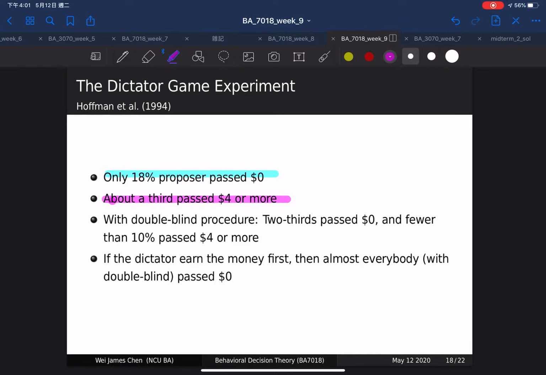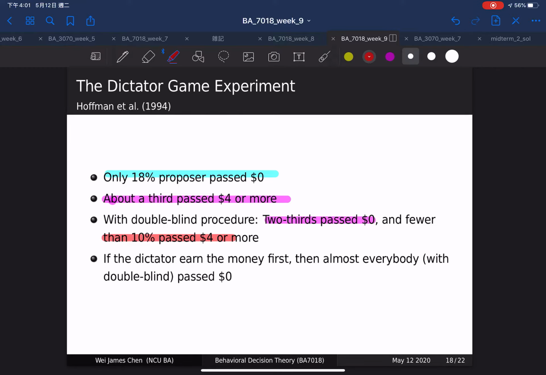And even when they do that, it's true that now fewer people propose more than 4. But basically 2/3 now pass 0, and fewer than 10% now pass $4 or more. But remember, the theoretical prediction is nobody will propose anything. So even that 10% of people proposing $4 or more is not explained by traditional theory. It's a very behavioral thing.